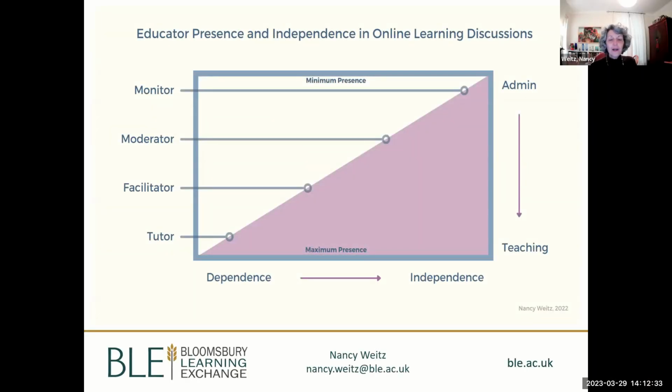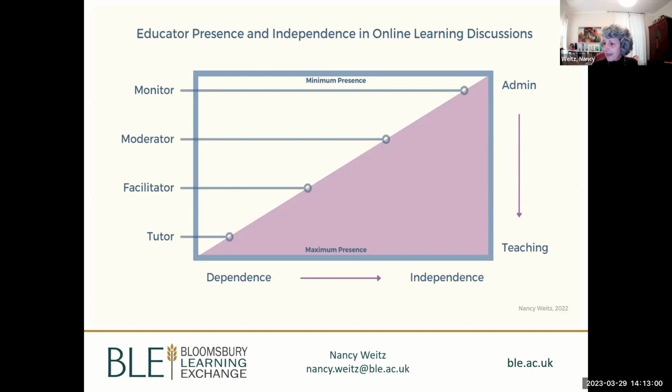The model here on the left is the roles. I've done this as a continuum, trying to fix a definition for moderator and facilitator. I looked at the whole spectrum of online forum interaction, from the staff presence end of things. On the right-hand side are the kinds of duties, from admin at the monitor level down to teaching at the tutor level.